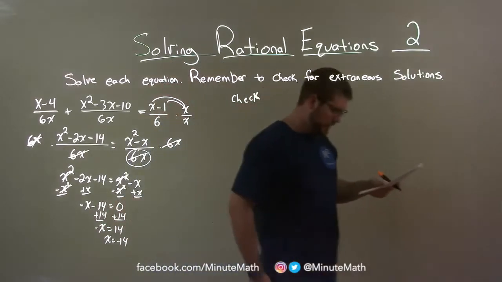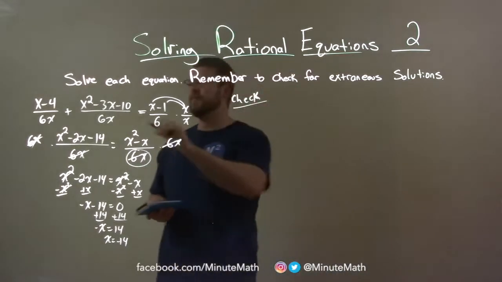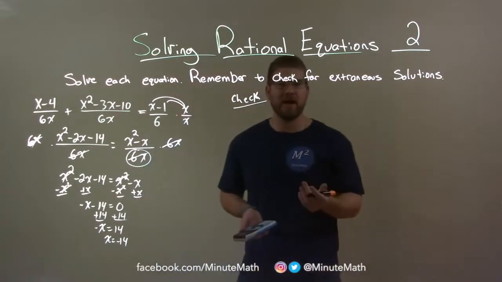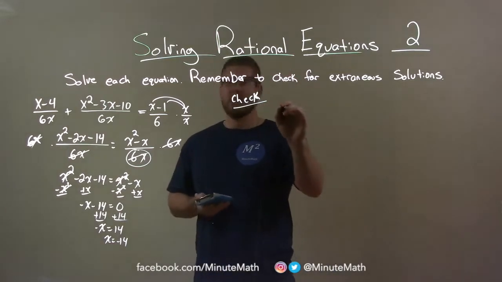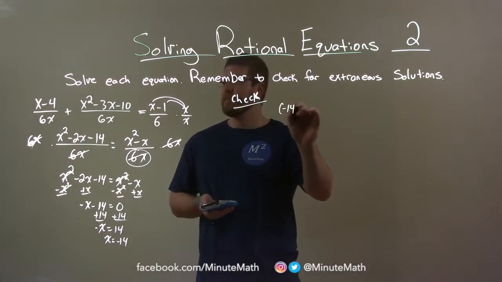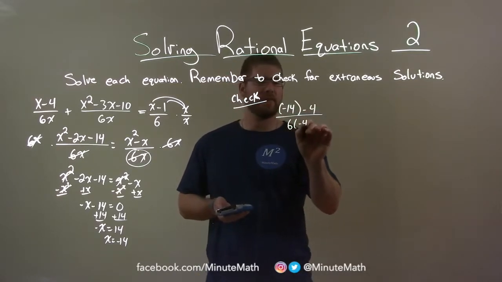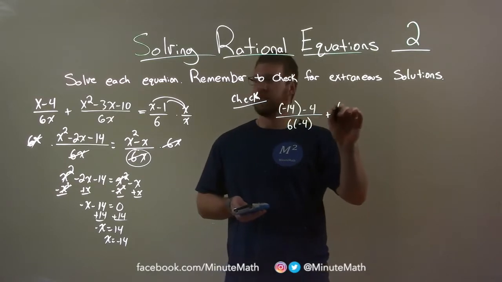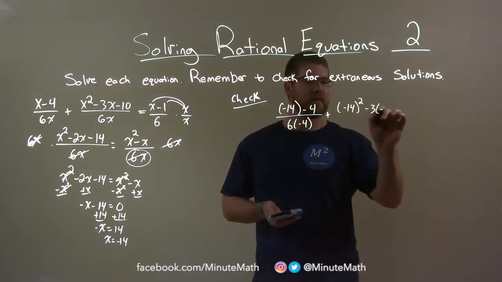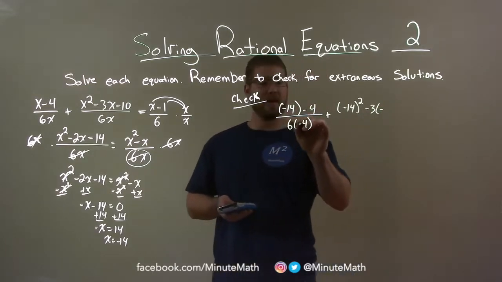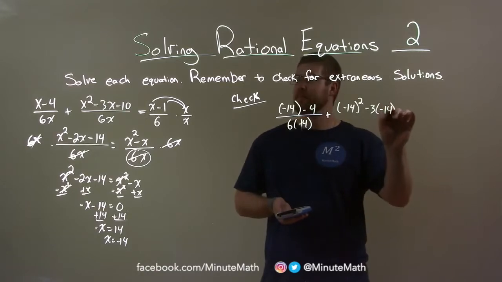Check that answer, okay? So to do that, we take our original equation and we plug in negative 14 for x and see if the left and right-hand side are equal. Negative 14 minus 4 over 6 times negative 14, plus negative 14 squared minus 3 times the negative, see again, negative 14, don't forget that, minus 14 minus 10, over 6 times negative 14 equals negative 14 minus 1 over 6.